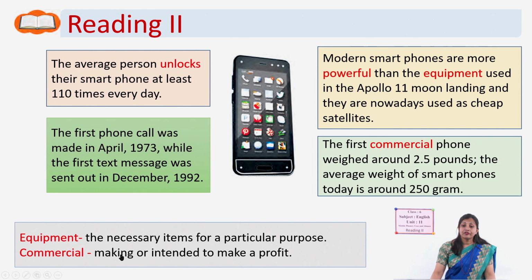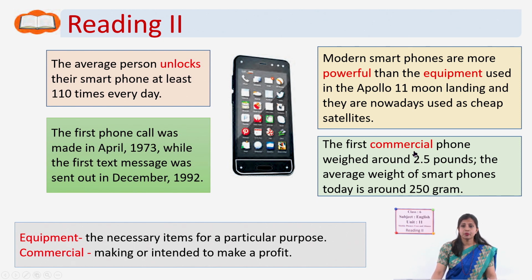Okay. The first commercial phone weighed around 2.5 pounds. The average weight of smartphones today is around 250 gram. So, commercial means making or intended to make a profit. Yes, something which has been made to make profit.